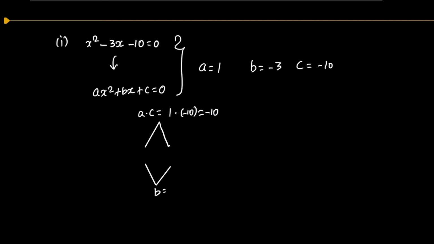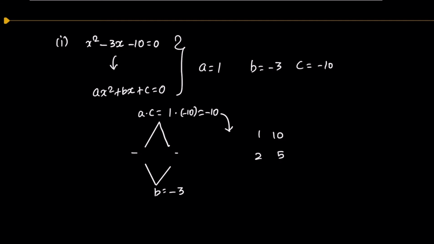The product of the two numbers is equal to minus 10, and the sum of these two numbers is equal to b, that is minus 3. So which option is possible? First we decide the possibilities for 10. 1 and 10 is a pair, and 2 and 5, only two options. So 1 and 10 is not possible.